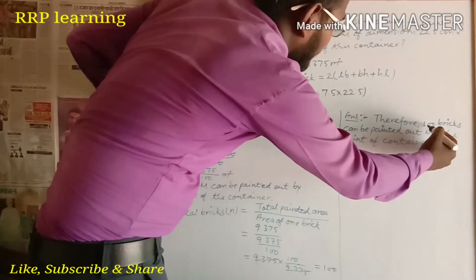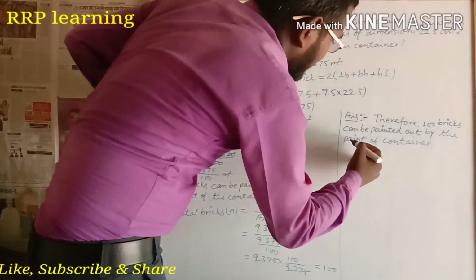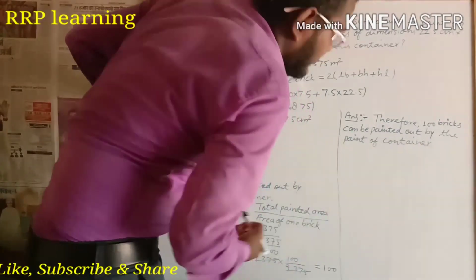Answer. Therefore 100 bricks can be painted out by the paint of the container.